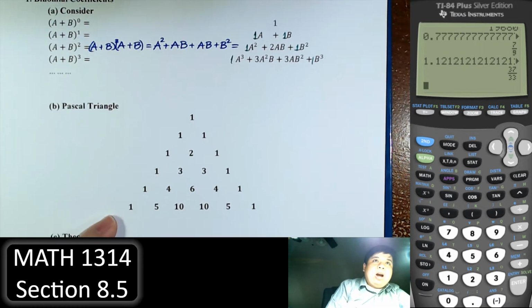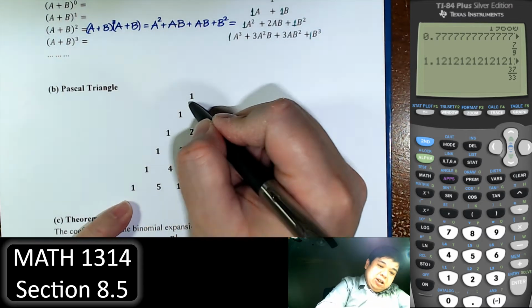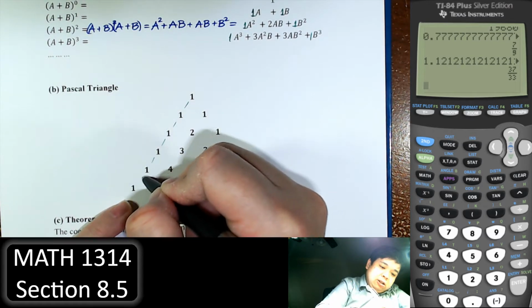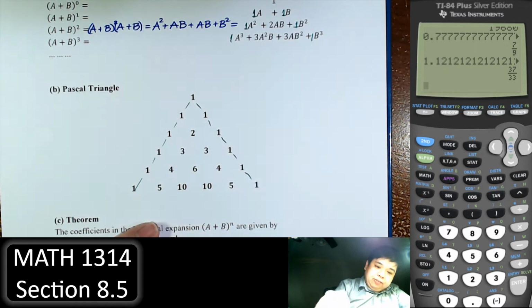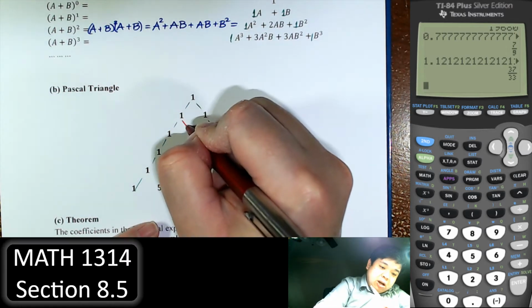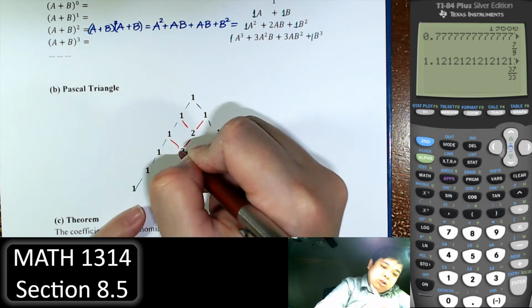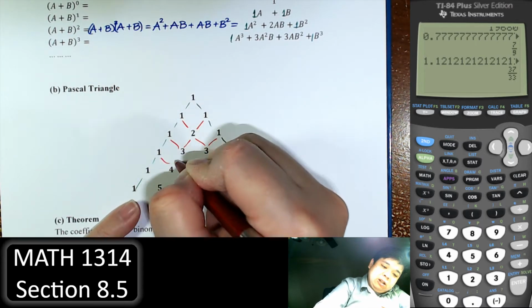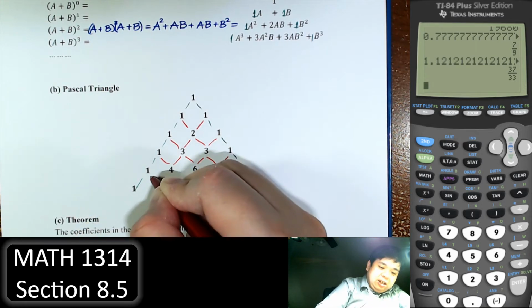So Pascal's triangle is a triangle in which whatever number is below is equal to the sum of the two numbers above it. 1 plus 1 is 2, 1 plus 2 is 3, 1 plus 3 is 4, 3 plus 3 is 6, and then so on.